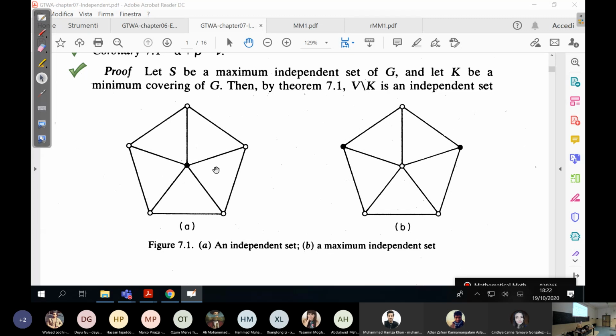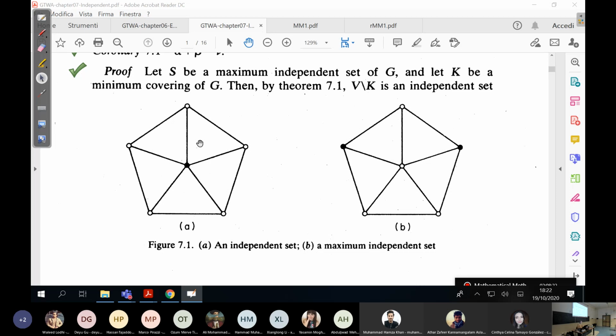Let me say something which is not in the book: even if it is so small, it is a maximal independent set, in the sense that if you dare adding even one other vertex, you do not get an independent set anymore. Add any one of these and you don't get an independent set anymore.